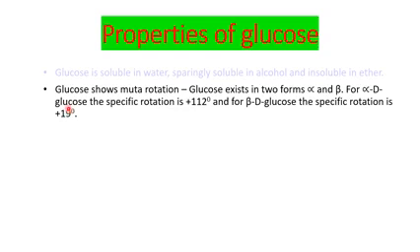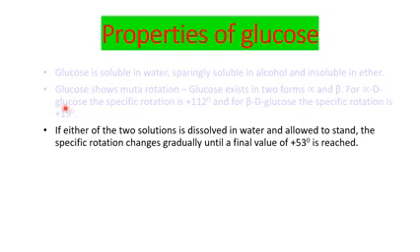But if you leave glucose in water, either the alpha form or the beta form will change into the other. Alpha form will get converted into beta form. If the beta form is dissolved and kept, it will convert into the alpha form. 50% of beta form and 50% of alpha form would be there in the solution.